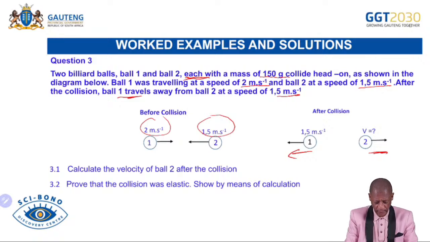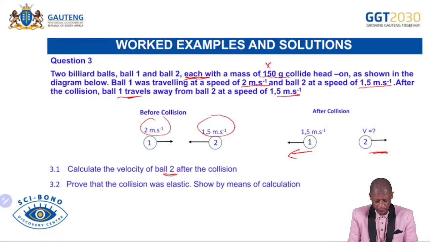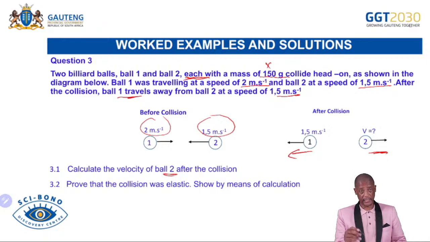So they say calculate the velocity of ball 2 after collision. First, what comes to mind is you convert the mass. Then they say prove that the collision was elastic. Show by means of calculation. To prove, you show by calculations.